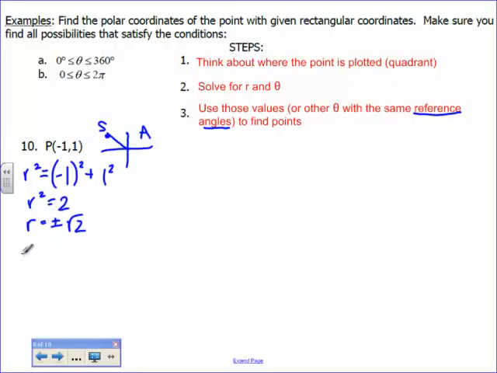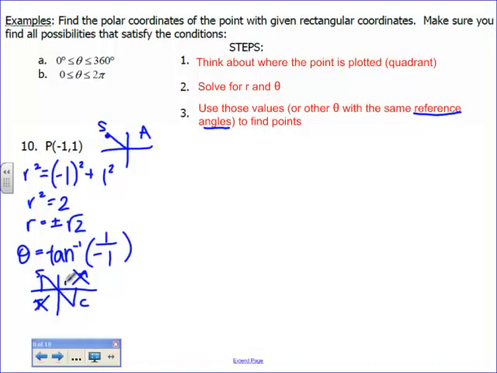Then I find theta by taking the inverse tan. Opposite would be the y over adjacent. Well, tangent being -1, that is one of our unit circles. Tangent is negative in S and C, and being 1 over -1 just means those two sides are a 1, which means we're looking at a 45-degree reference angle in the second quadrant and in the fourth quadrant.